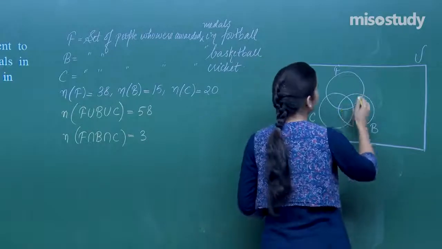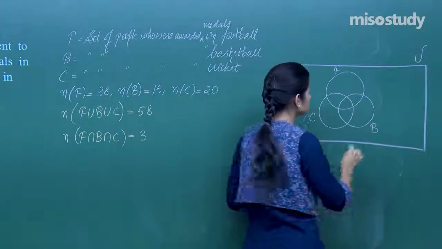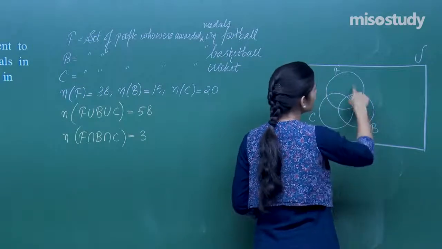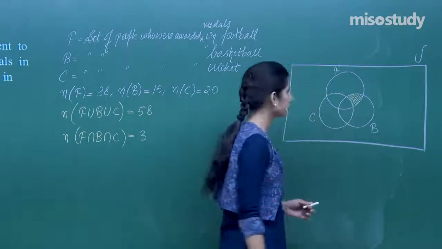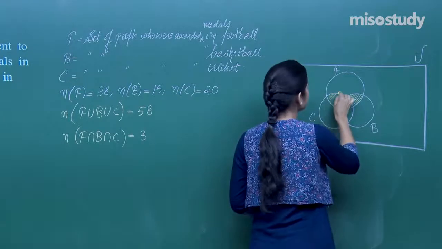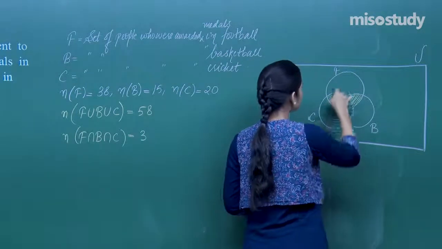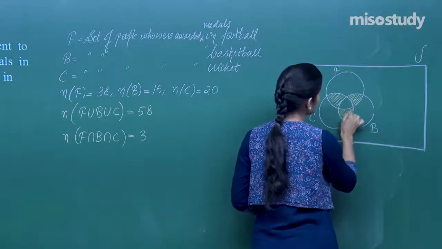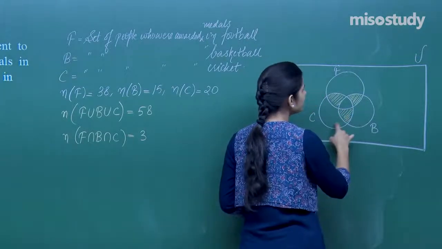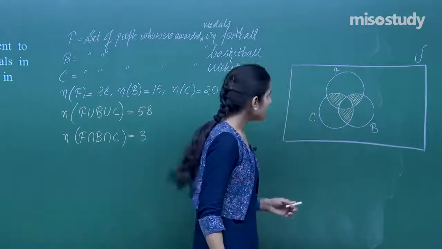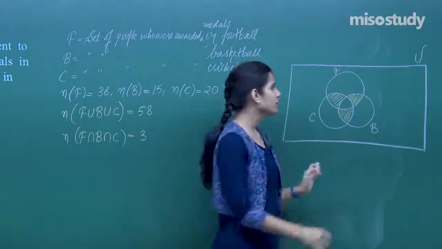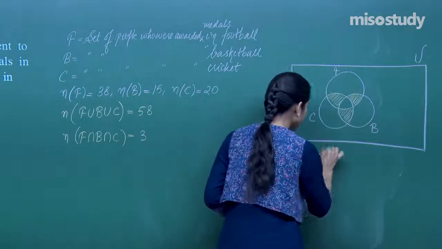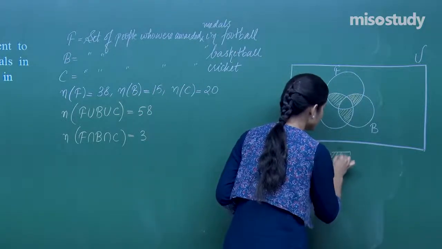If I talk about exactly 2 of the 3 sports, this portion is representing exactly 2 of the 3 sports, football and basketball. This portion is representing exactly 2 of the 3, football and cricket. And this portion is representing only these 2 sports out of 3. I need to find the number of people who landed here, here, here. I want to find the cardinality of this shaded region.